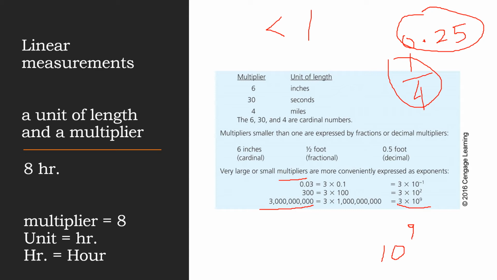Then 10 to the power 9, because we have 1, 2, 3, 4, 5, 6, 7, 8, and 9 zeros. Thus, 9 zeros with 3, so 3 times 10 to the power 9. So we use exponents to express very large multipliers.